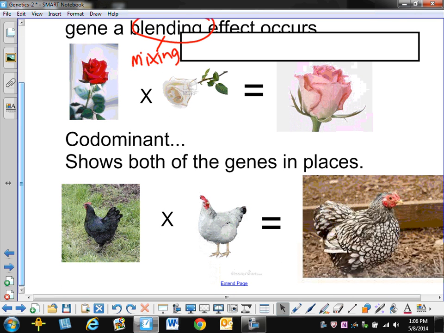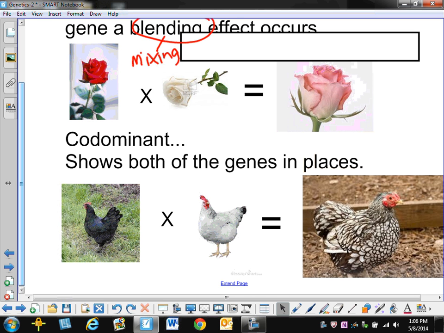So if we took a black chicken and we crossed it with a white chicken, we don't get a gray chicken. We get a chicken that's both white and black. The white says, I'm not giving up my spot. The black says, I'm not giving up my spot. So they share. If you've seen the big Jersey black and white milk cows that have black spots and white, this is what happens. The black says, I want my space.